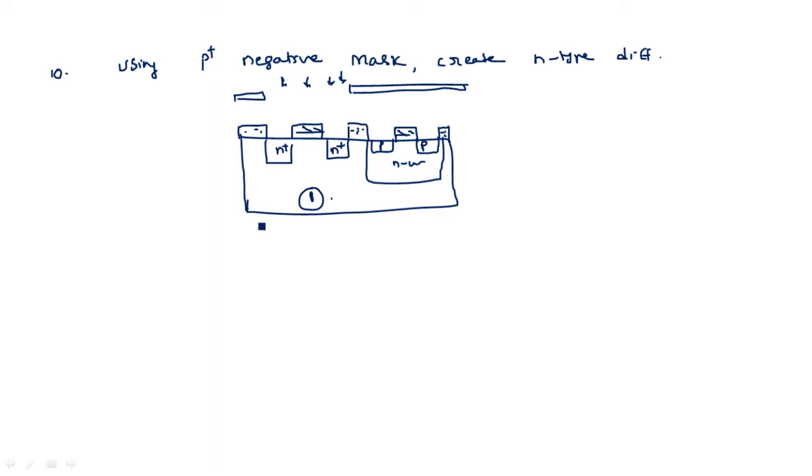Once the P-type and N-type connections are ready, next one is metallization. So before going to the metallization, in this CMOS structure, we cannot directly go for the metallization with this N plus and P plus here.